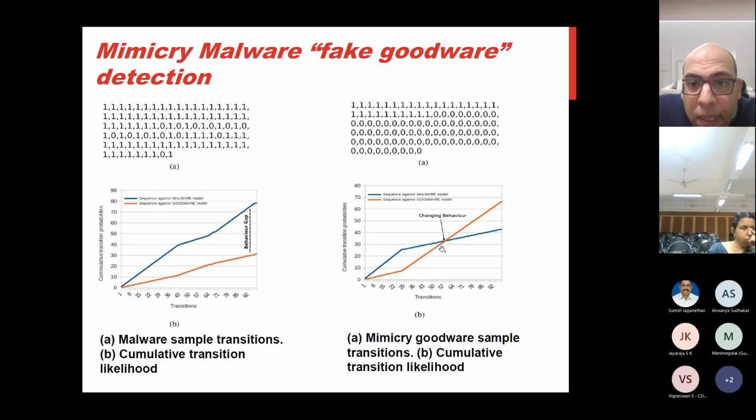So there are some intersection points that take place in the execution of the processes. This changing behavior we can say is a warning of mimicry activity, which means changing its process type. It appears, for example, as goodware, and then it changes to malware.